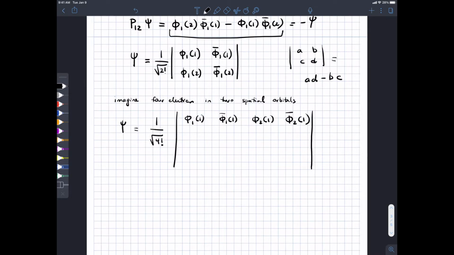So this represents electron 1 contributing to phi 1 and its opposite spin partner, and then phi 2 and its opposite spin partner. And then we'll do the same down the table, only with electron 2 instead of electron 1. And then with electron 3.